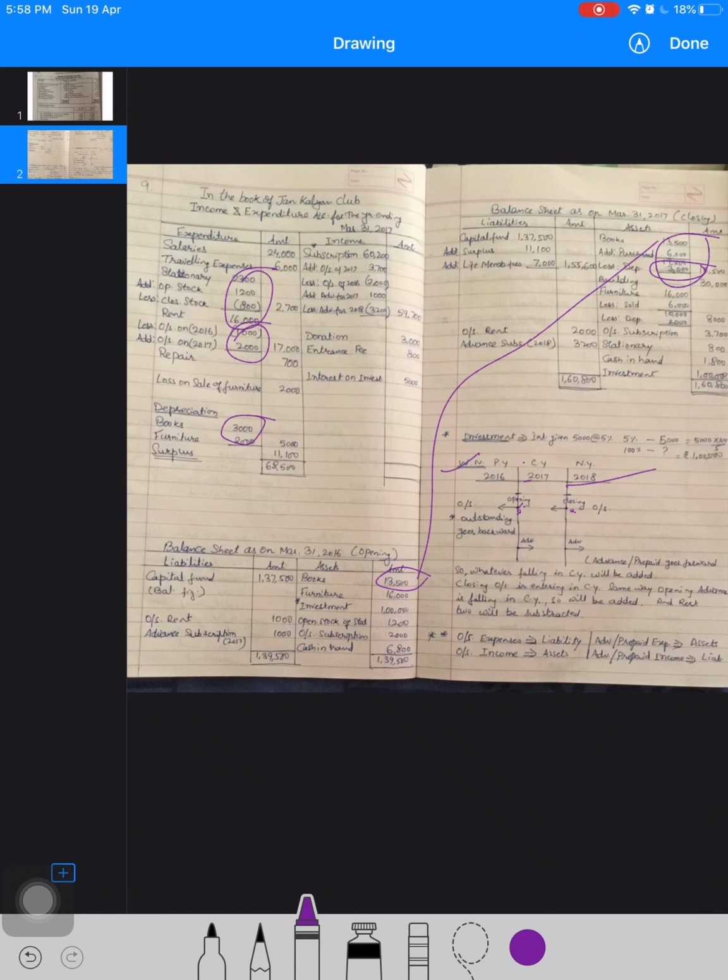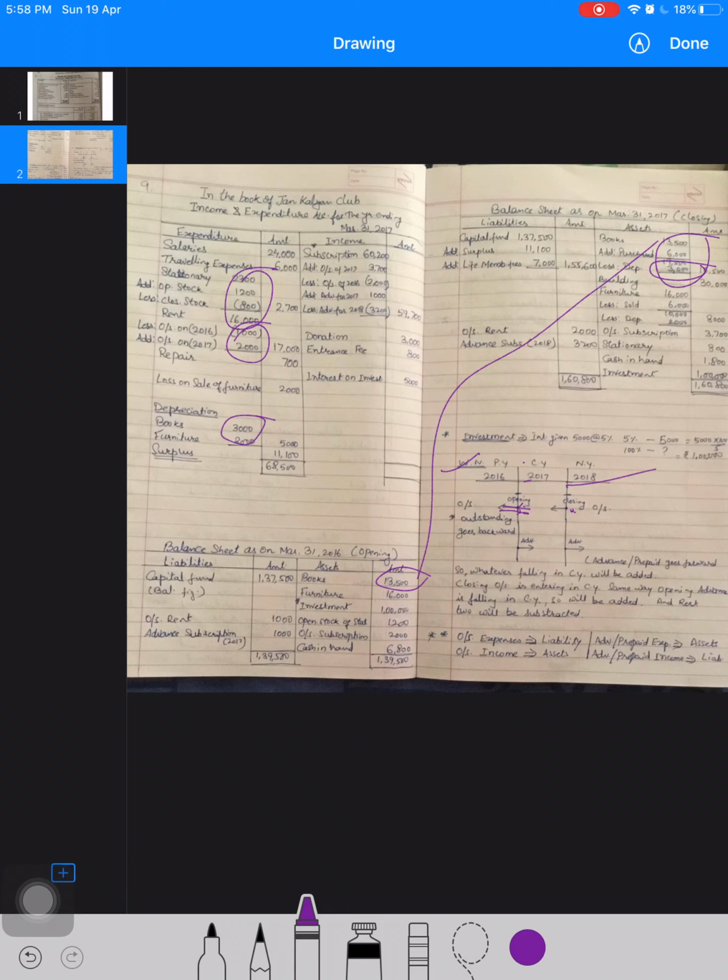So keep in mind, this is just a trick to remember to solve your subscription. Outstanding always takes a backward step. So outstanding always goes to the back side. If something is given in the opening balance sheet, that means it will go back.